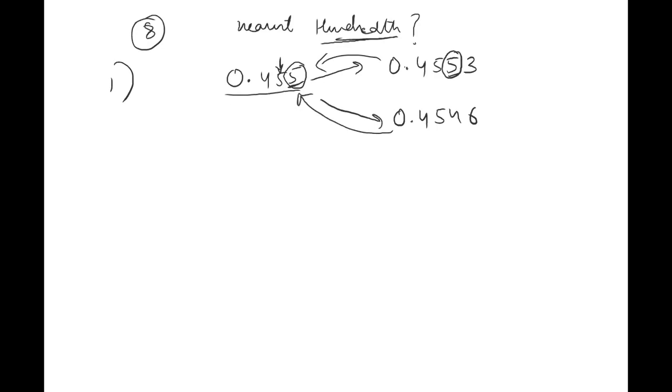Is that okay? Now when we round it off to the hundredth place, this will become 0.46 and this will become 0.45. So I don't know what will happen when we round it off to the nearest hundredth. Not sufficient.